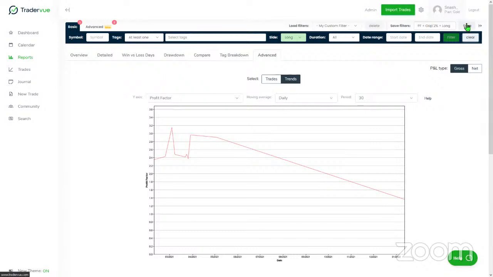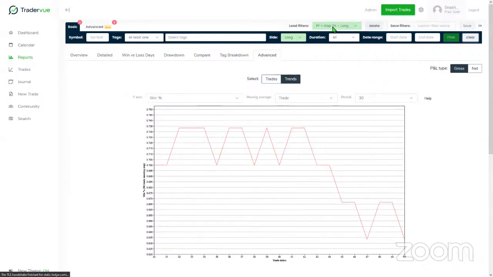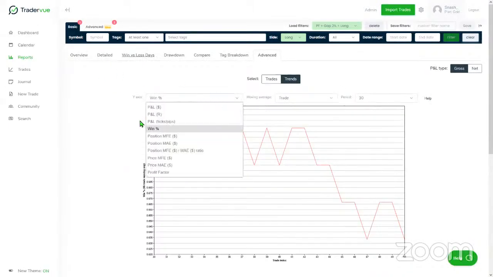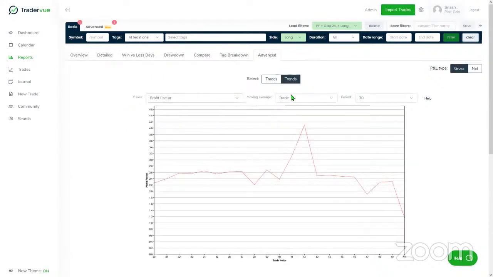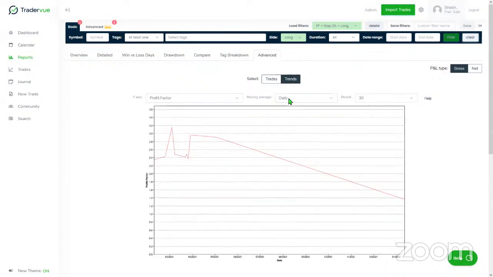And then we click save. And now we have a filter that we can play around with whenever we want. And of course, the advanced report is not going to be saved, but now you have the criteria there, and you just need to put the profit factor and the daily here.